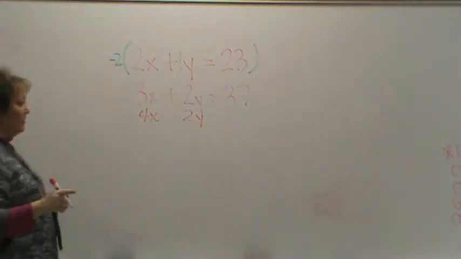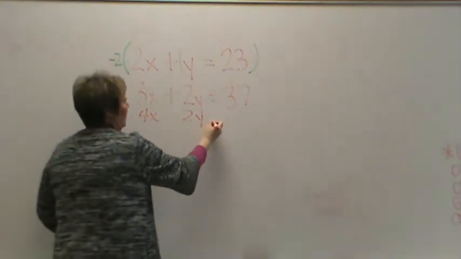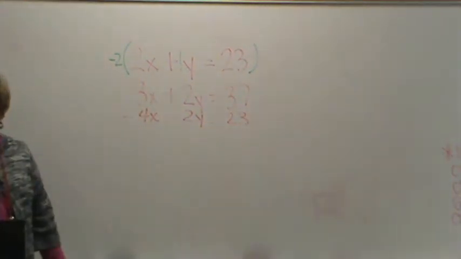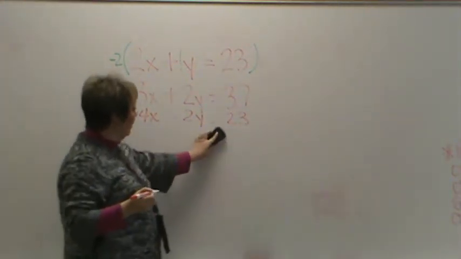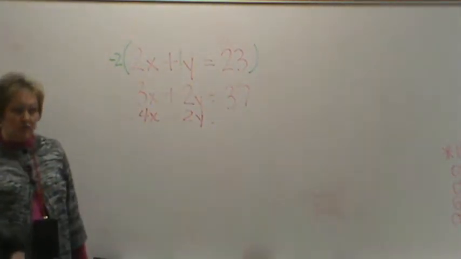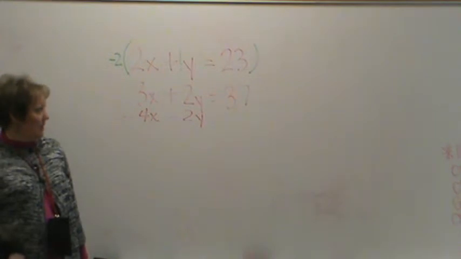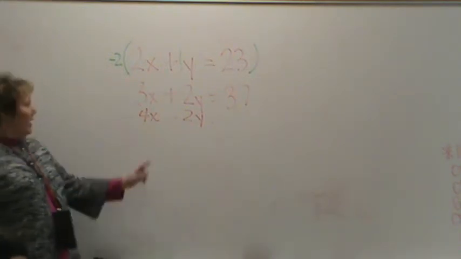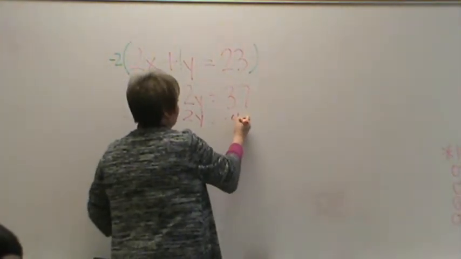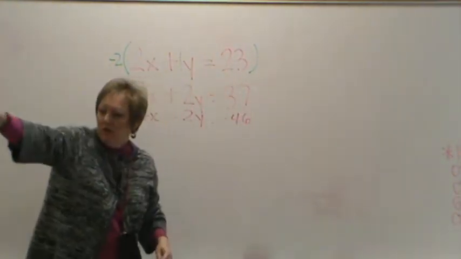Not minus negative 2, just minus. Equals 23? Negative 46. How's that? Because if you multiply negative 2 times 23, it's 46. Yeah, I gotta use distributive property for everything here. So negative 46.